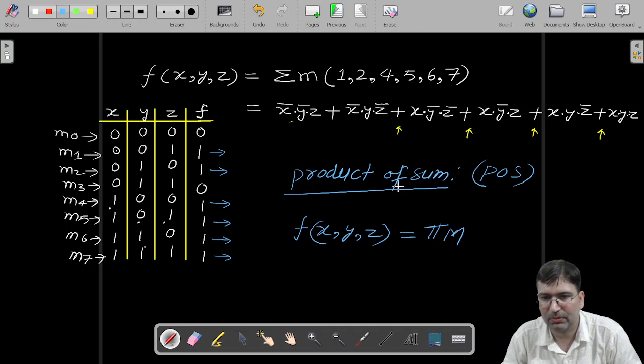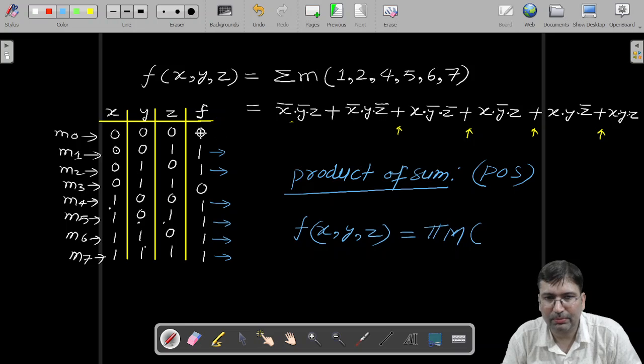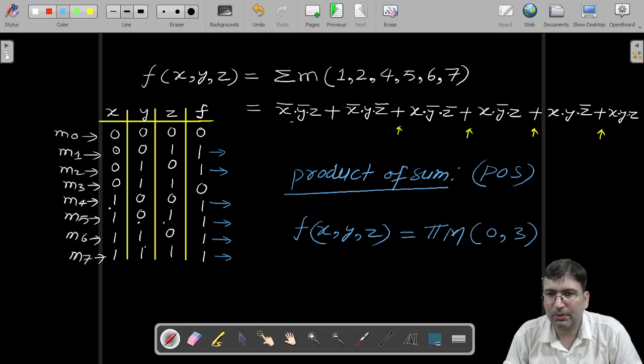We consider this product of sum as max terms. So how many max terms are there? This is the 0th max term, then this is the third max term. So whatever terms were missing here will be considered in the max terms, and the representation is like this.